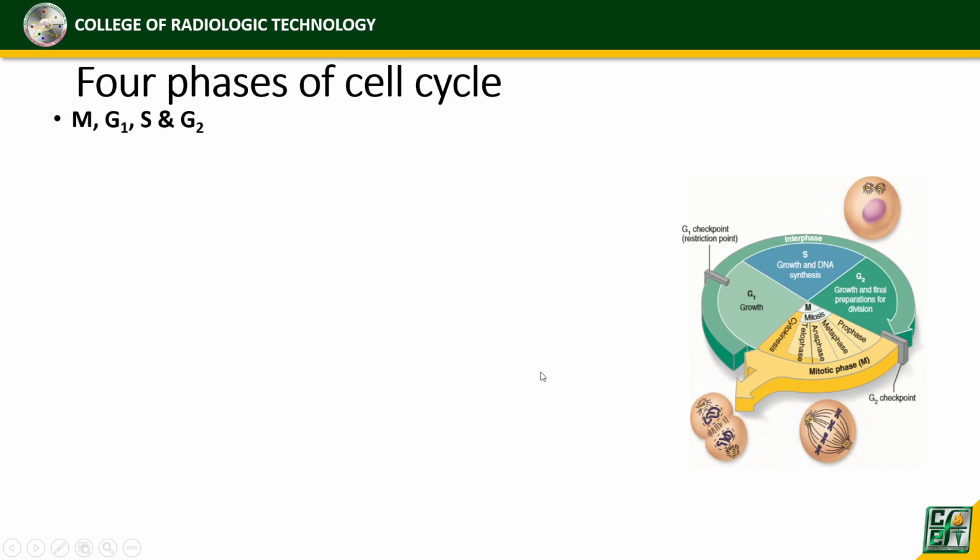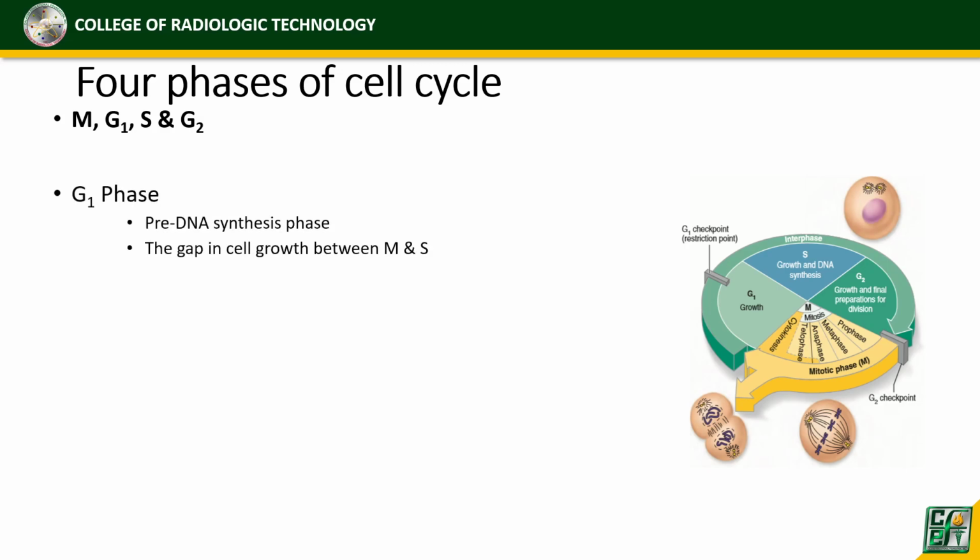So we also have these four phases. This is different from the one discussed in the previous slide. We have the M phase, the G1 phase, the S phase, and the G2 phase.